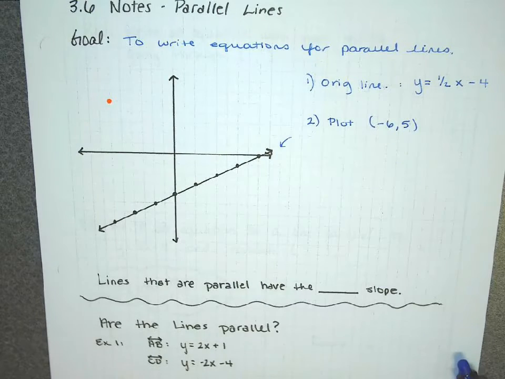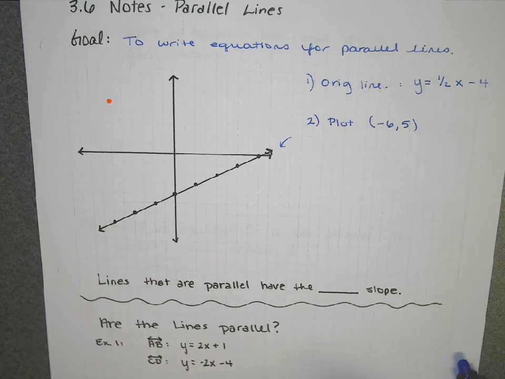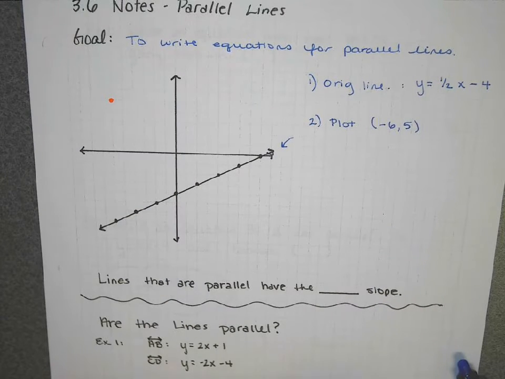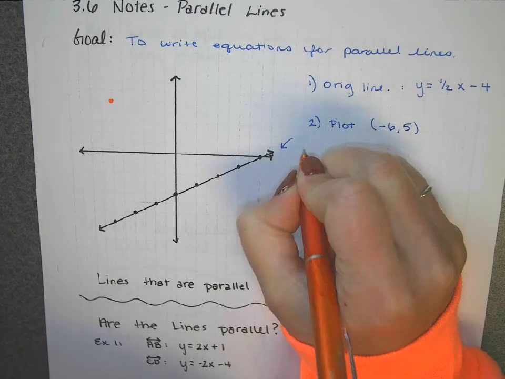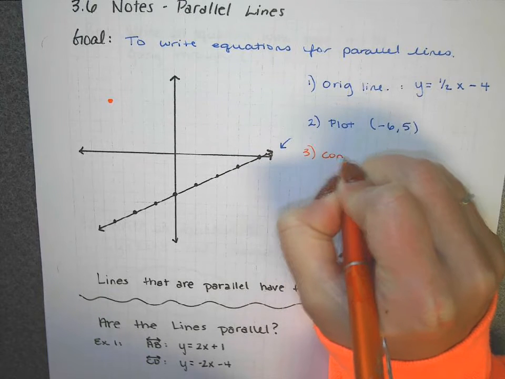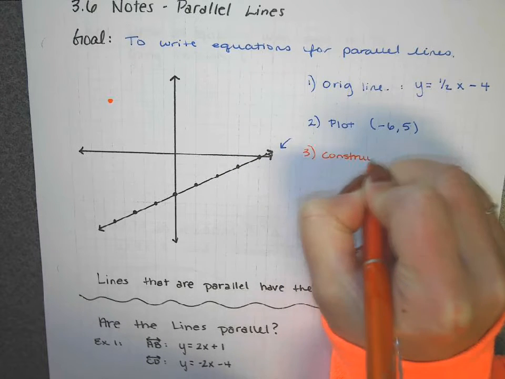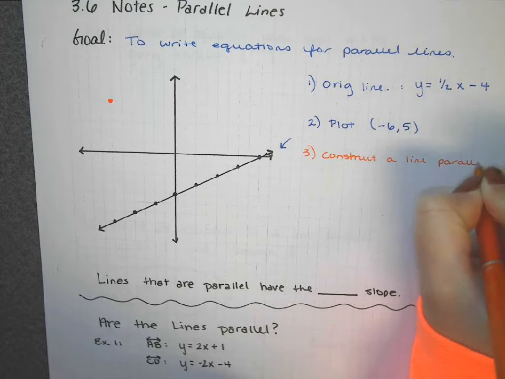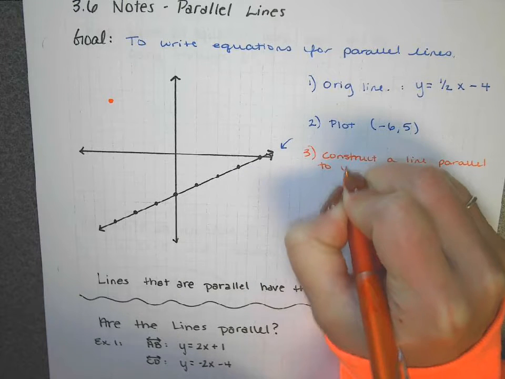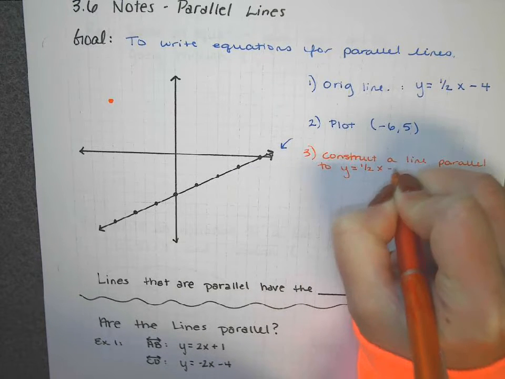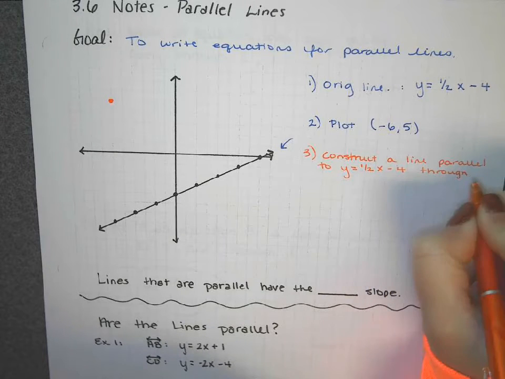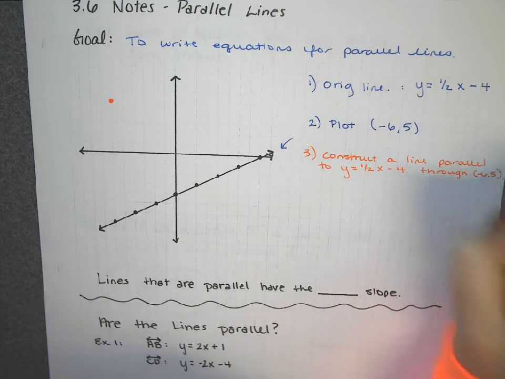Now what we want to do is we want to construct a line that is parallel to this line going through that point. Okay, so step 3 is going to be to construct a line parallel to the y equals 1/2 x minus 4 line through that -6, 5 point.